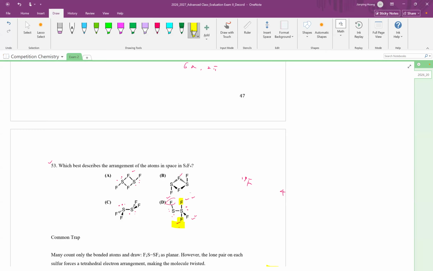So two reasons. Reason number one, this bond cannot rotate. Sulfur bond, you cannot rotate. Why? Because you have 2 electrons here, you have 2 electrons here. Second one, we know this sulfur bond is from a single bond.